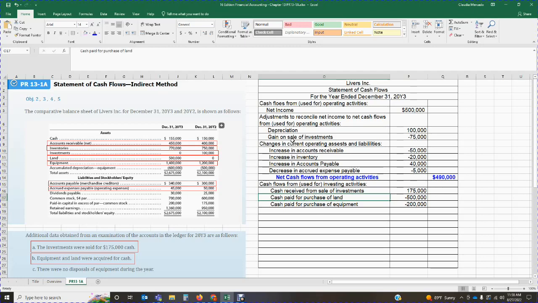That is why we deduct the gain on the sale from the operating activities section. That way we don't double dip basically. We are accounting for it in the investing activities, so we are deducting that gain that was reported in our income statement from our operating activity section. That way we record it in the proper category, which is the investing activities.